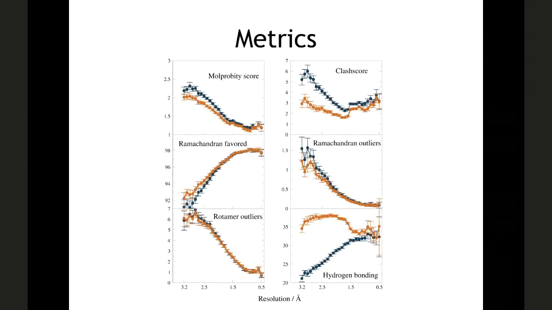So here's the meat of the talk, in that just about everything is better with AMBER. The blue is the standard Phenix refinement and the burnt orange represents the AMBER results. The overall MolProbity score, as you can see, is quite similar at high resolution, and then at low resolution, out at approximately 3, the difference in the MolProbity score is between 2 and 2.5.